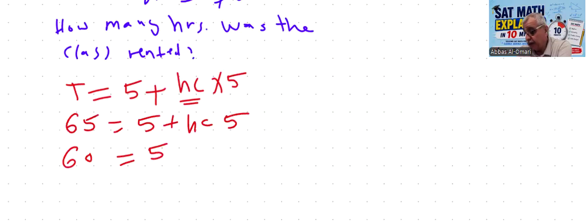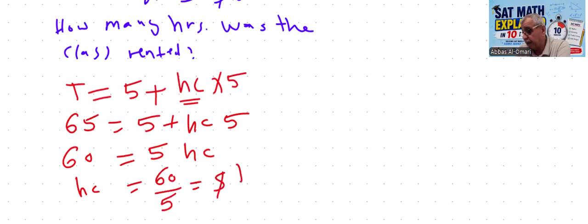And the hourly cost equals, we divide by 5 both sides, 60 over 5, which equals $12 per hour. So the hourly cost is $12 per hour. This is also a straightforward problem.